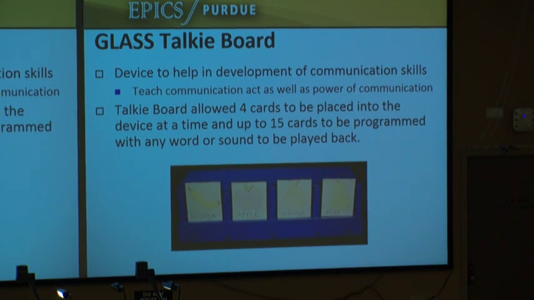There was something like it on the market, so they gave us a benchmark, except the device that they had on the market is that you basically had to program the sound for each slot individually, and it was not interchangeable. So if you mixed up the cards after you programmed it, it would say the wrong thing when it was being communicated.